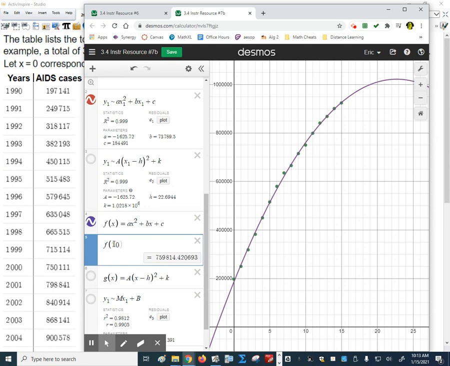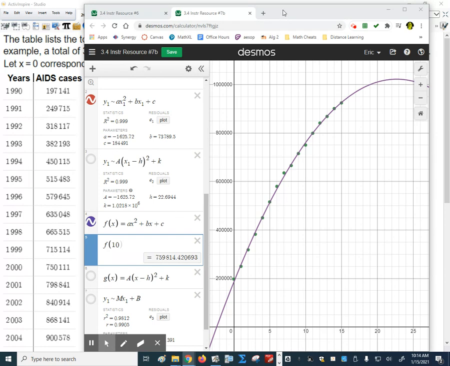So I can make very accurate predictions of what values should be, whether I'm interpolating, picking values within the range of my data set, or extrapolating, making guesses about the future, for example. Everybody give me a 1 to 5 on that. Okay, good.